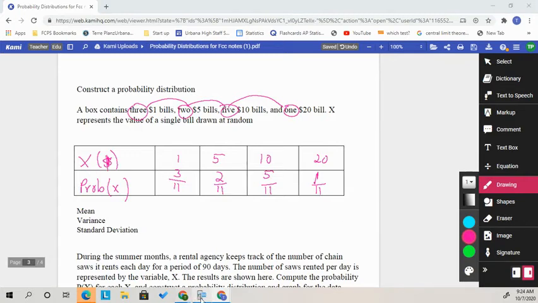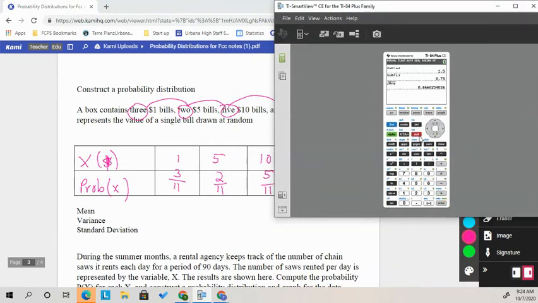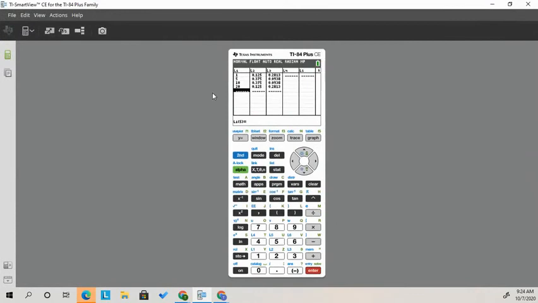We're going to go in and put them into our lists again. In list 1, we're going to go up at the top of list 1 and put in a $1, a $5, a $10, and a $20. Those are our choices. I'll make this bigger so you can see it a little better. Then we go into list 2 and put our probabilities.